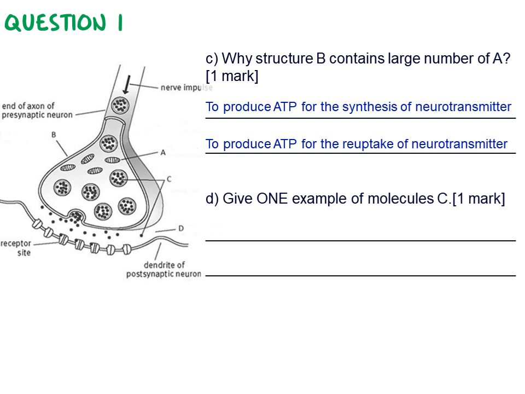Okay, next, one example of molecule C. So C is neurotransmitter. So we have many types of neurotransmitter. One of them, okay, dia minta satu je, give one, acetylcholine. So acetylcholine is example of neurotransmitter released at neuromuscular junction.